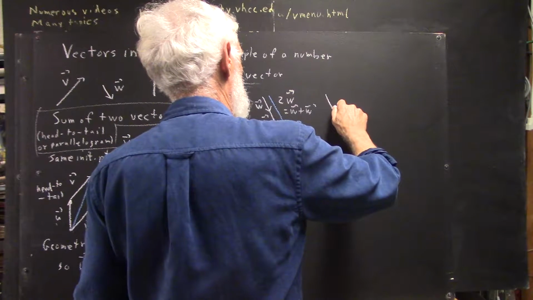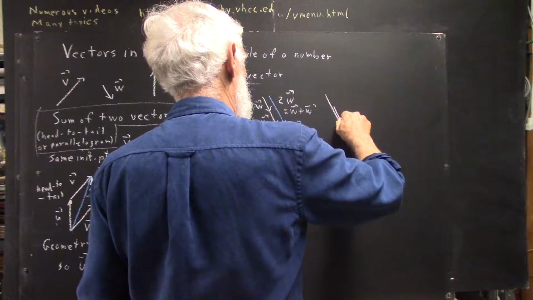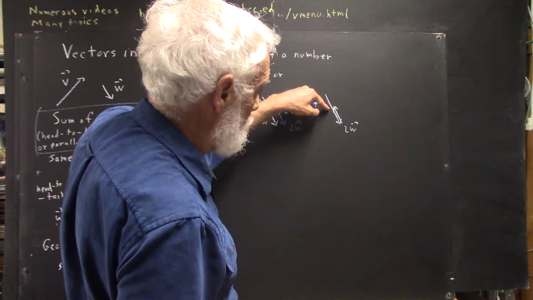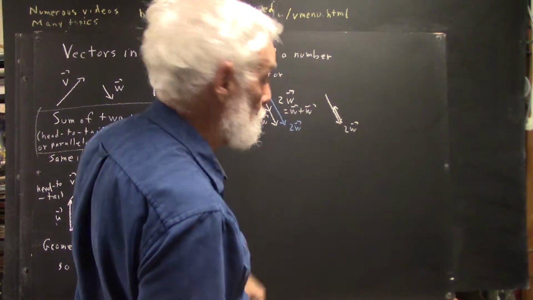If we do negative W, and I draw that a little bit offset, I mean it really should be along exactly the same line as W, but I offset it just a little bit so we can see both vectors.